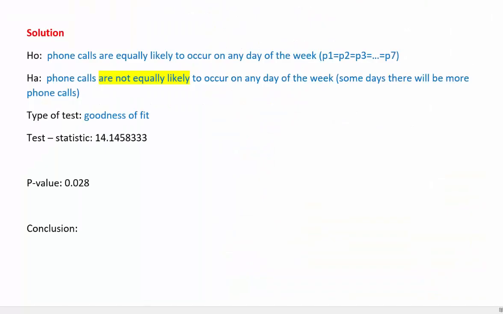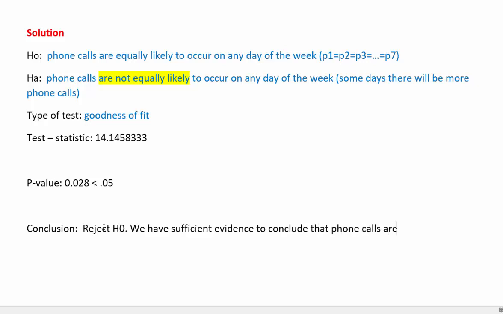So over here, what would I do? This is less than 0.05. Okay, reject H null. We have sufficient evidence to conclude that funcals are not equally likely to occur on any day of the week, right?